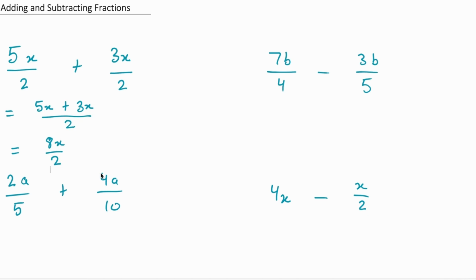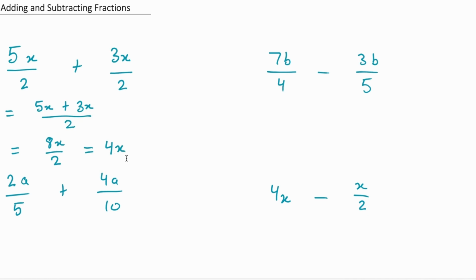And the absolute final step is to understand, can we simplify this even further? Now in this case, 8 over 2 can just be simplified to 4. So that way, this fraction can be simplified to 4x.